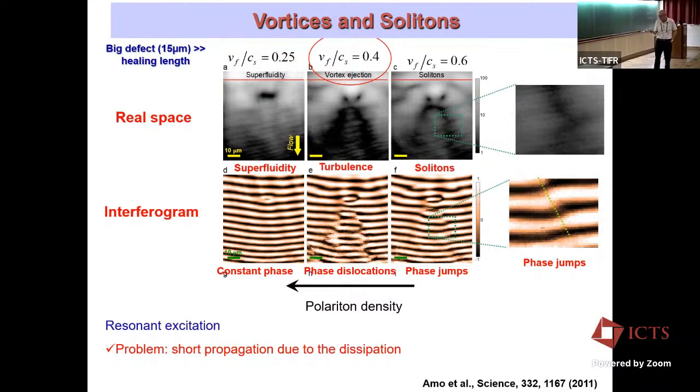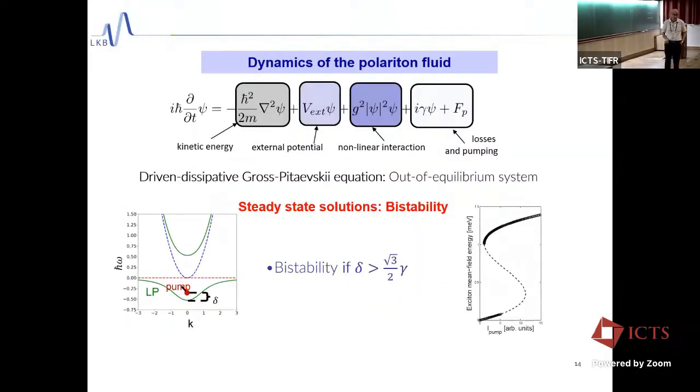So then how is it possible to solve this problem and to enhance the propagation distance, for example, of dark solitons or vortices? The idea is to exploit a specific feature of the polariton system when it's pumped in resonance. In particular, in the case of resonant pumping, the dynamics of the polariton fluid is described by this generalized Gross-Pitaevskii equation.